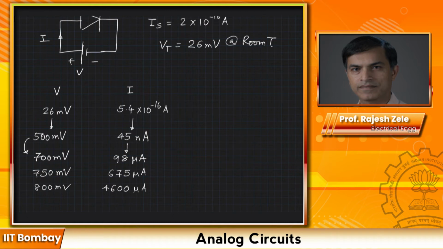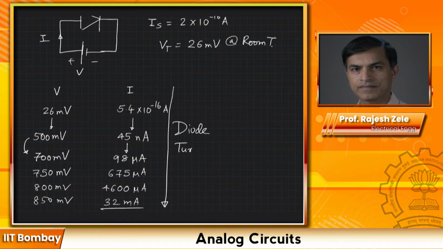And now from 800 millivolts to 850 millivolts, this becomes 32 milliamps, very large. Okay, so we call this process that our diode turns on. And you can see around this value here, 700 to 750 millivolts, the diode really turns on.